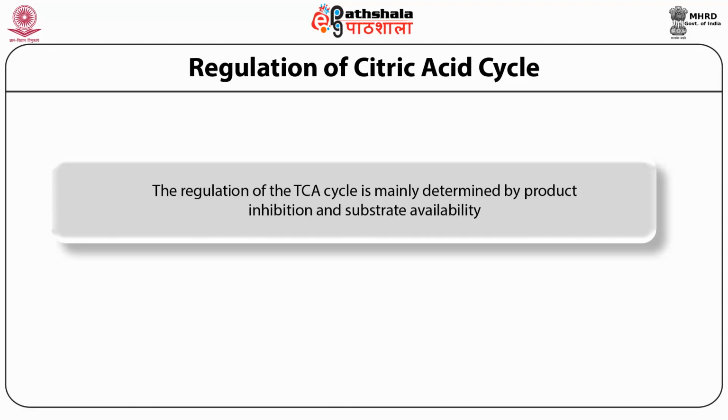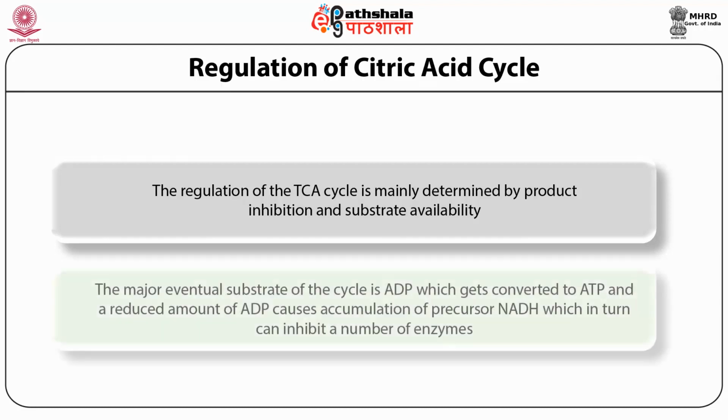If the cycle is permitted to run unchecked, a large amount of metabolic energy could be wasted in overproduction of reduced coenzymes such as NADH and adenosine triphosphate.